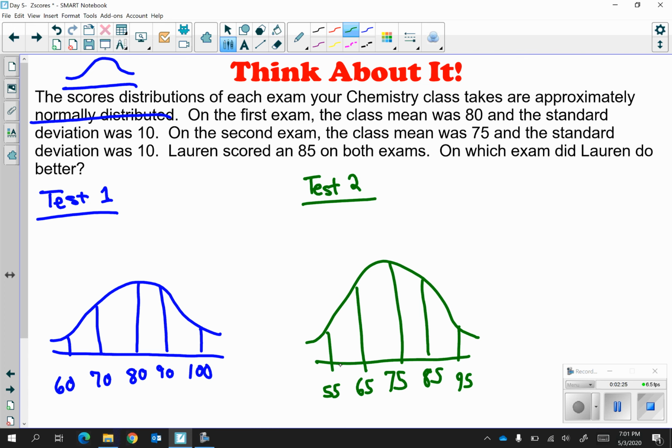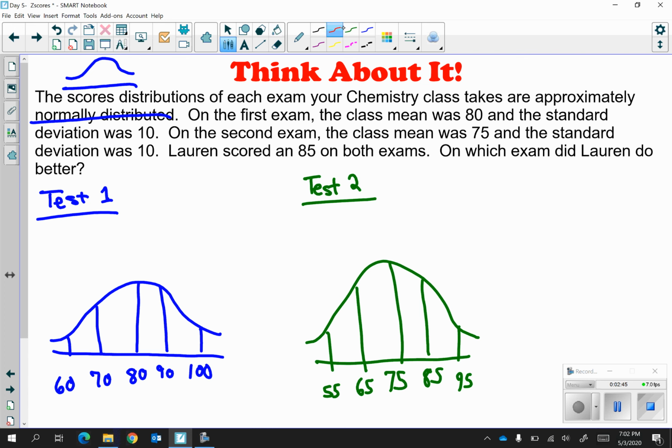So usually we only go 2 standard deviations away in both directions because remember we said in the normal CDF lesson that 2 standard deviations away from the mean consisted of 95% of the data. So that's pretty much all of it anyway. It gives you a good idea of what you're looking at.